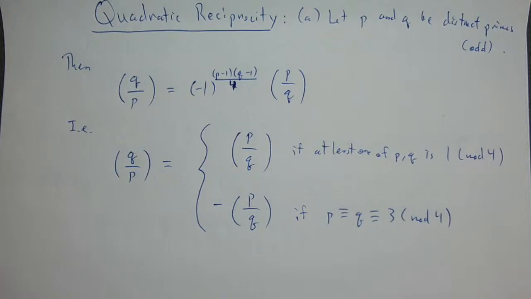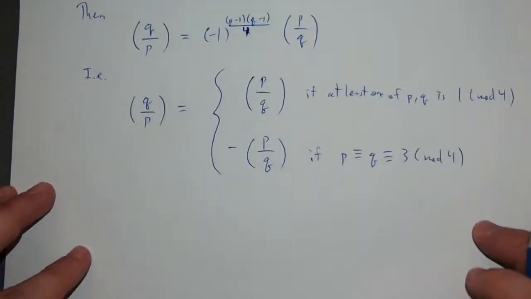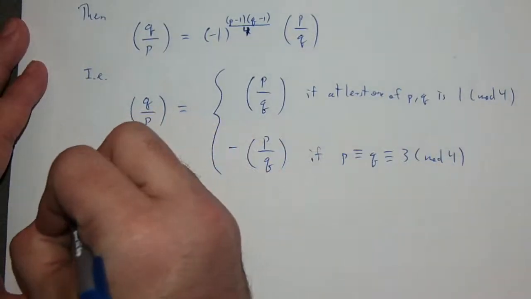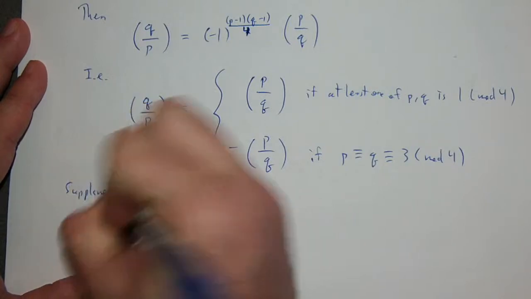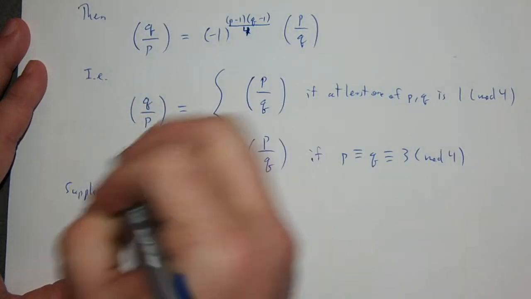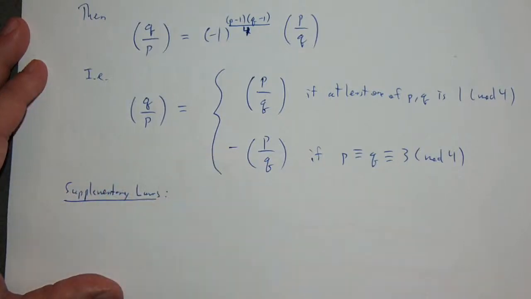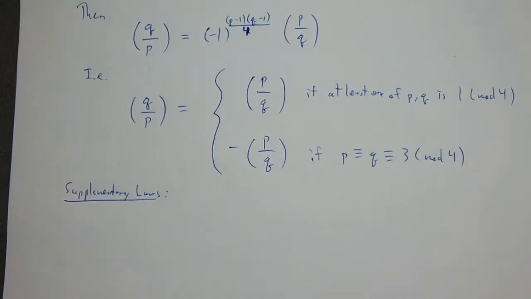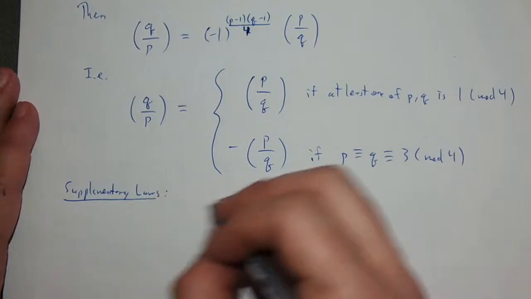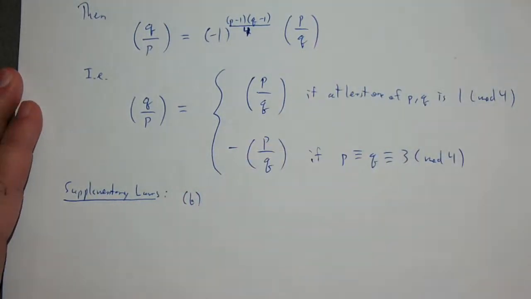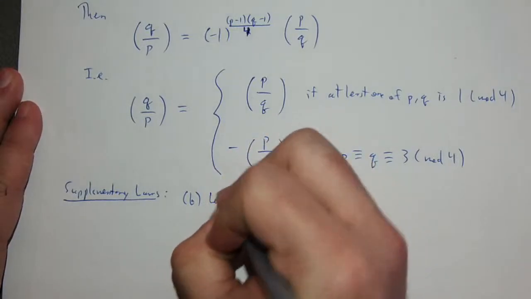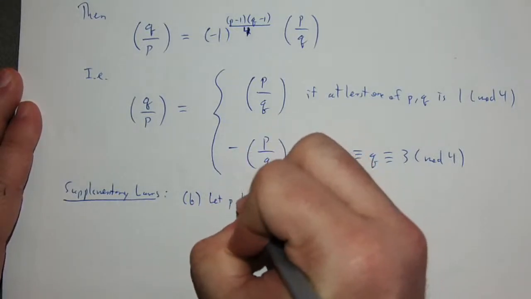Okay. The two remaining statements are called the supplementary laws. They are included because, practically speaking, for computing these Legendre symbols, we're going to use these quite a bit. So supplementary laws, if I called that part A, part B is: let P be an odd prime.